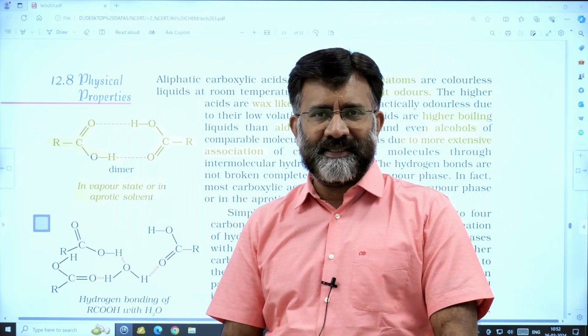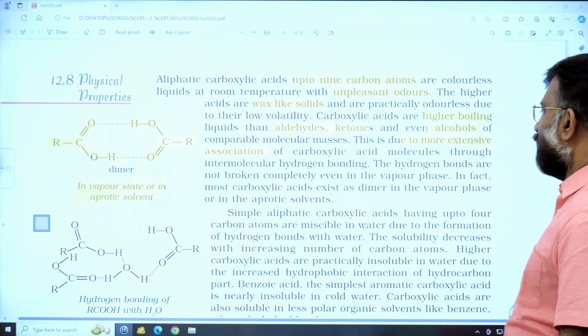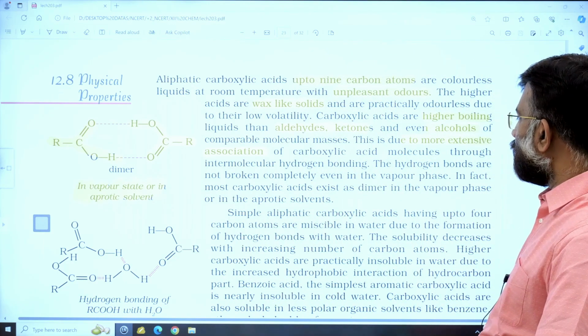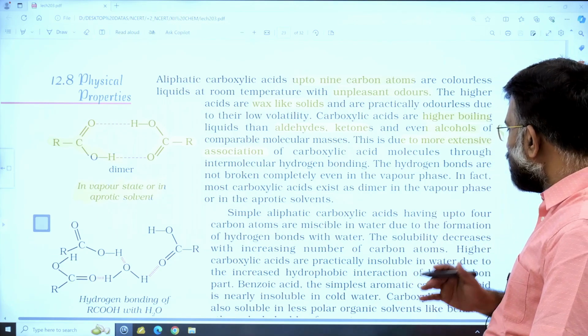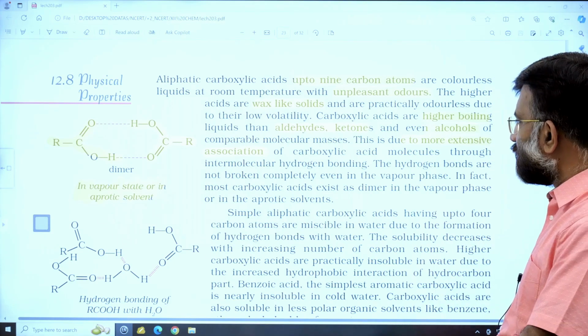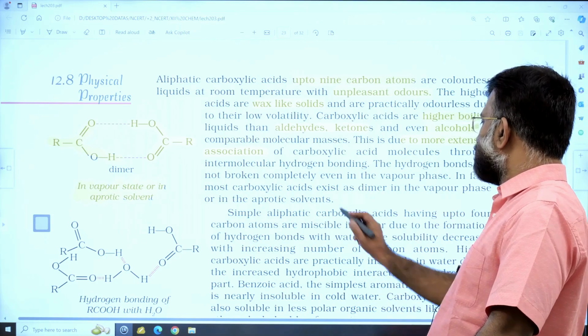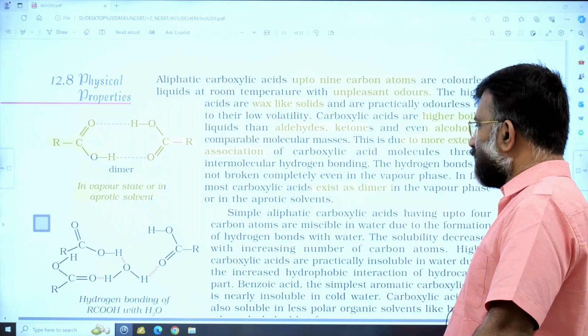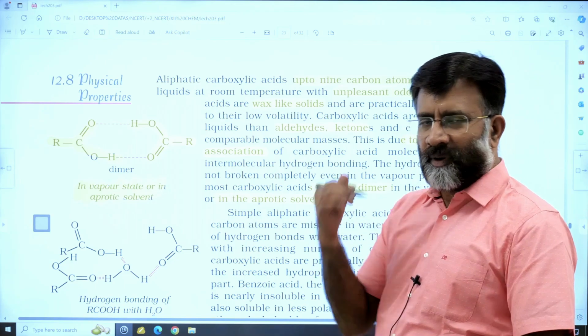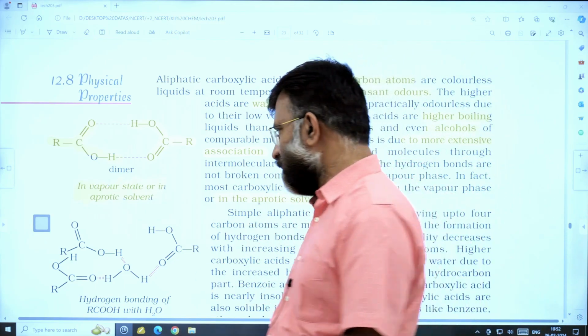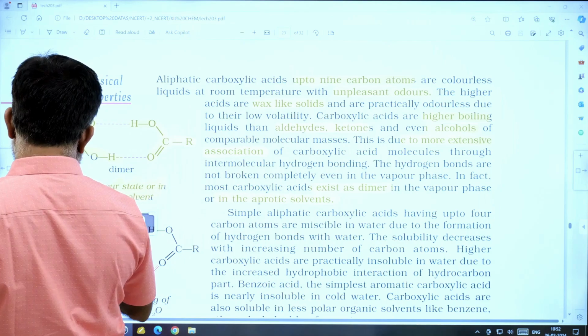It's as simple as that. The hydrogen bonds are not broken completely even in the vapor phase. In fact, most carboxylic acids exist as a dimer in the vapor phase or in aprotic solvents. In protic solvents, they may dissociate.